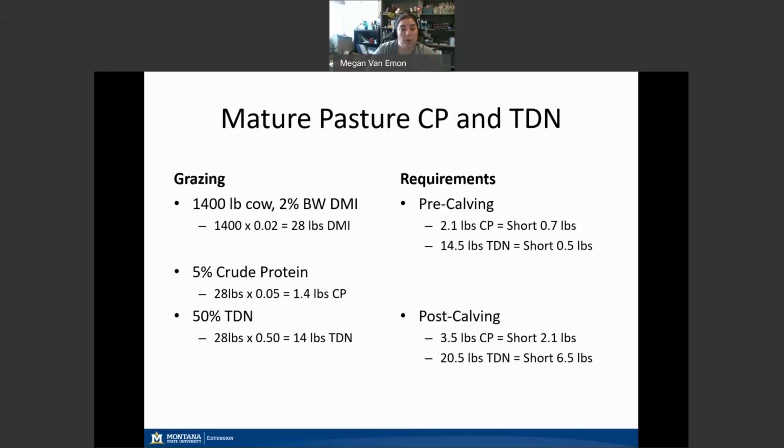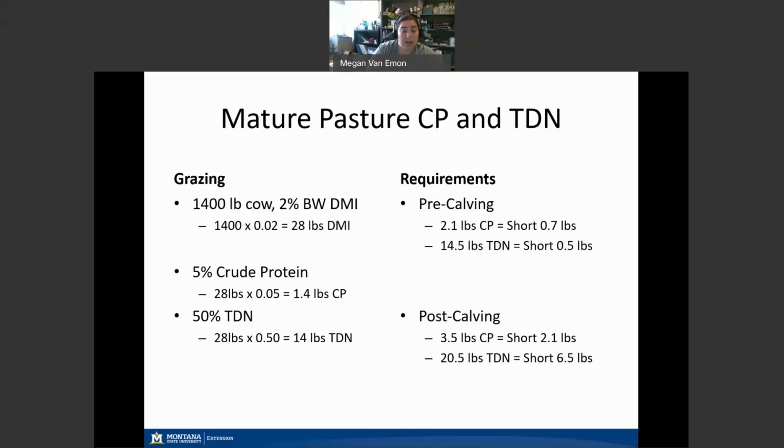And the big one is, if you have your cows out on pasture, especially in Montana, from about August, September timeframe all the way through winter and into even early spring right now, towards late March, that mature grass is not very high quality. So just to give a couple rough estimates here, we're looking at about a 5% crude protein and 50% TDN, or energy, from that pasture that they would be grazing.